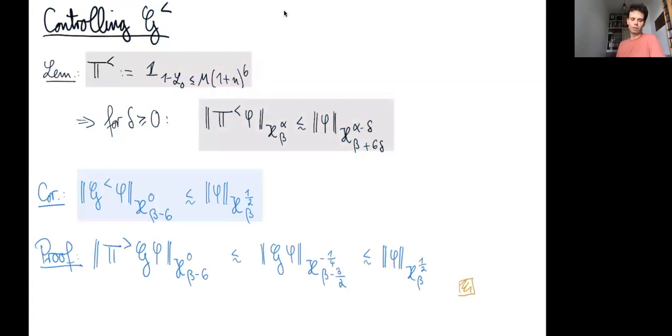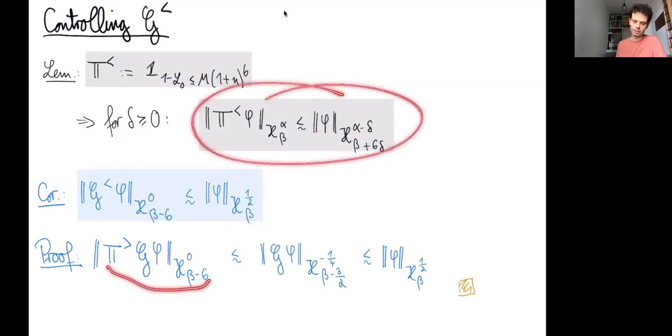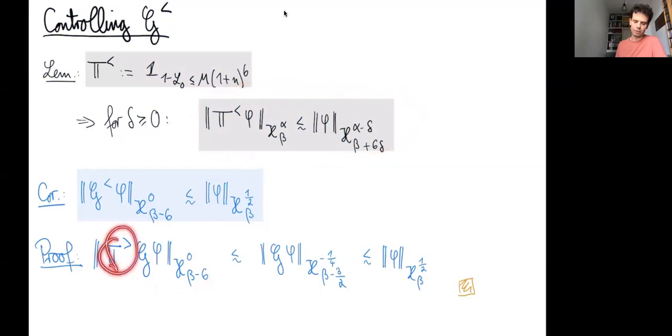And as a corollary of that, we get the following estimate for the G lower, which is the concatenation of this thing with G. The H0 norm of beta minus 6 is bounded by the H1 half norm of phi of beta. And how does this work? Well, we first use this estimate here to get rid of this term, and then we gain 1/4 regularity in the upper variable.